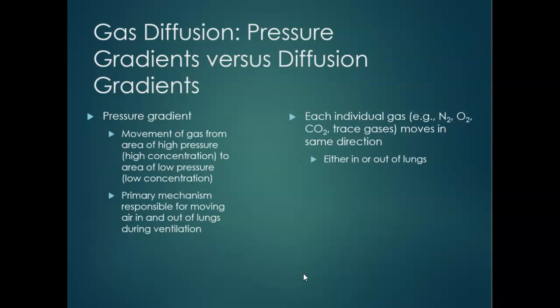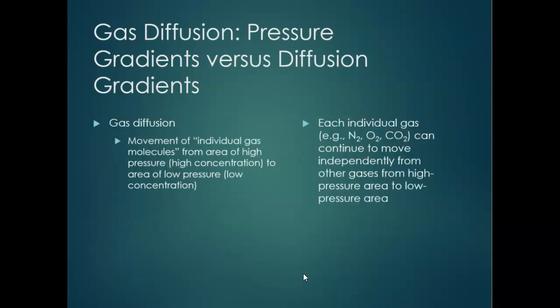Each individual gas is going to be moving dependent on its own partial pressure and pressure gradients, right? And we'll try to get you to understand that a little bit more when we're talking about the movement of oxygen versus carbon dioxide.